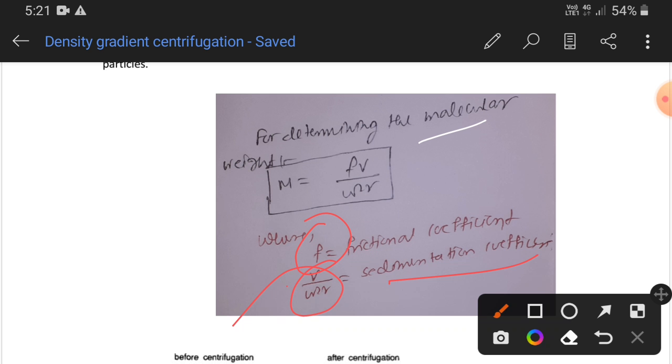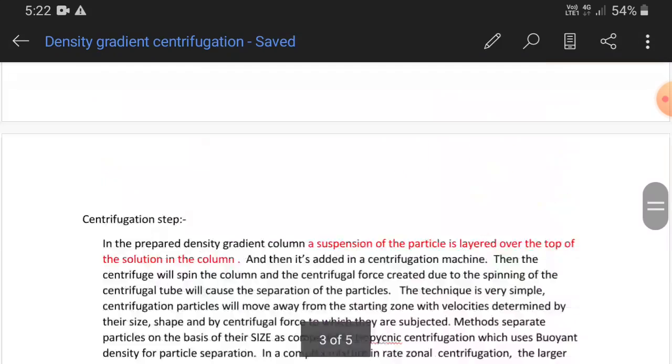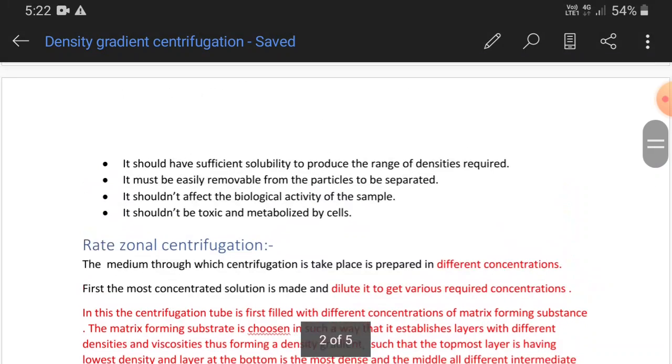And here m means the molecular mass in gram per mole, okay. That means their standard molecular mass, that is 44 in case of carbon dioxide, okay, not the 4 we have discussed. The 4 will be in case of small m, okay. So that is the idea of rate zonal centrifugation.